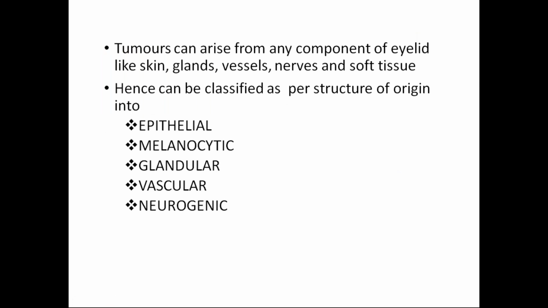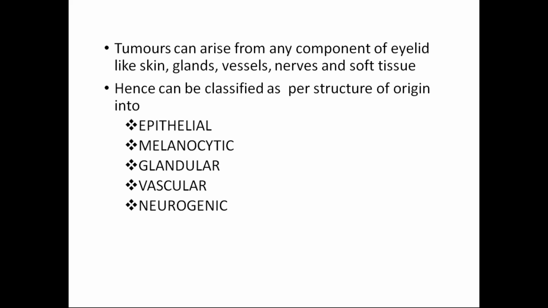So tumors can arise from various components of the eyelids like skin, glands, vessels, nerves, and soft tissues. So we know the anatomy of the eyelid. Eyelid has mainly 5 layers: the skin, subcutaneous fat, muscles, tarsal plate, and the conjunctiva.